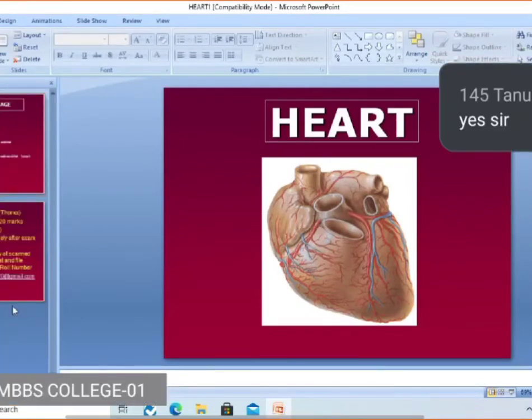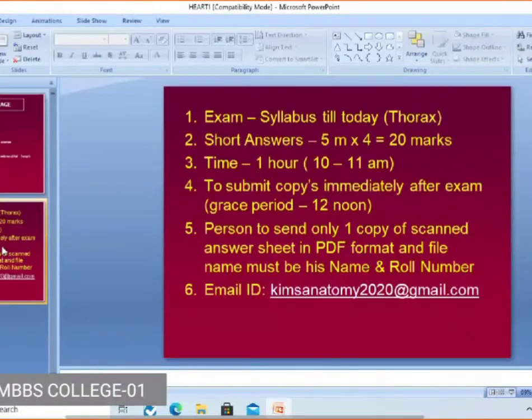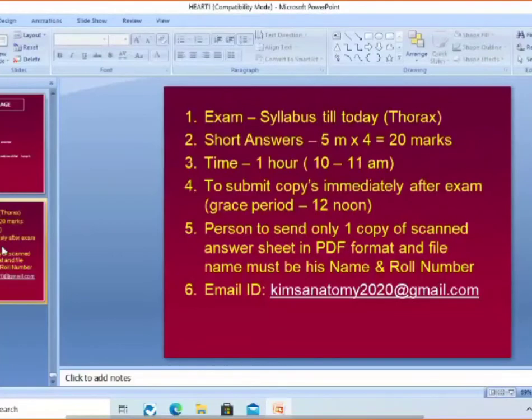Tomorrow you will be having an exam during the class hours, that is from 10 to 11, and the syllabus will be only the topics which are confined to the thorax. So the topics which are present in the thorax till today's class, the exam syllabus will be there.